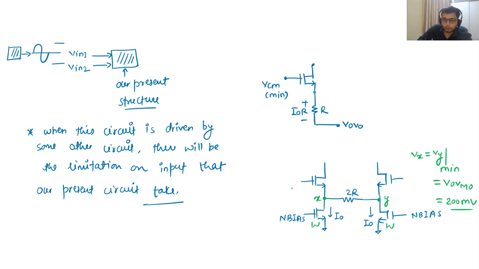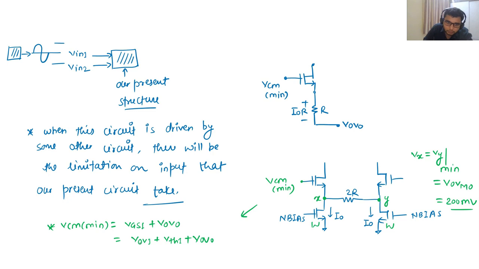So what is the minimum common mode value for this circuit? It is nothing but VGS of 1 plus the overdrive of 0. I will write it as V overdrive of 1 plus VTH of 1 plus V overdrive of 0. So this is this much voltage only.